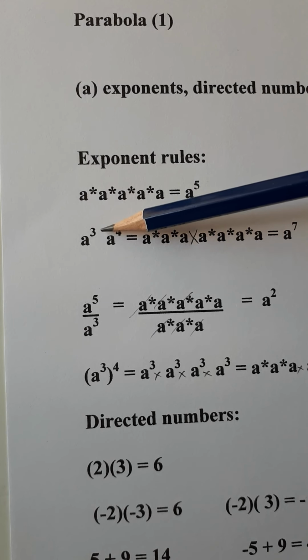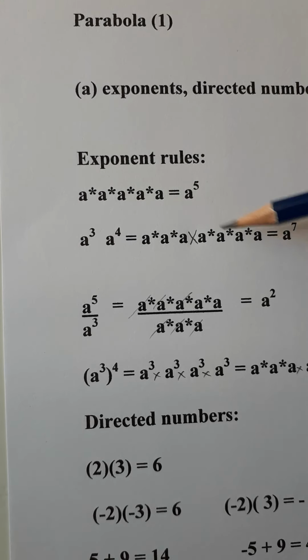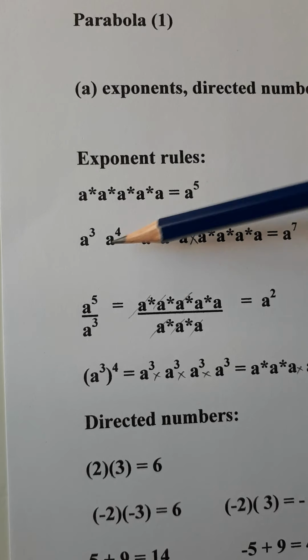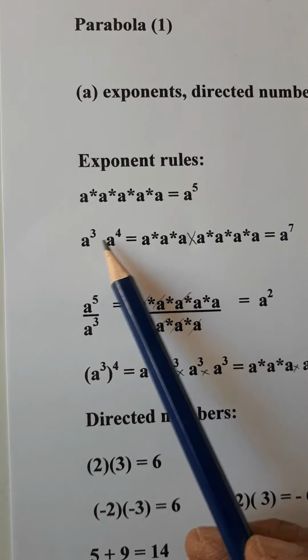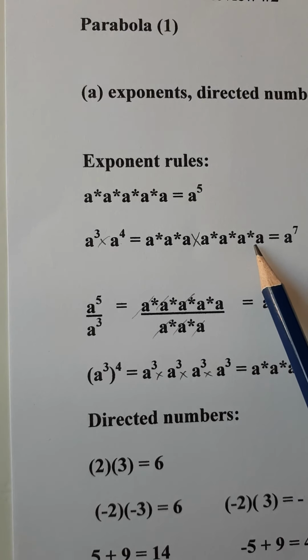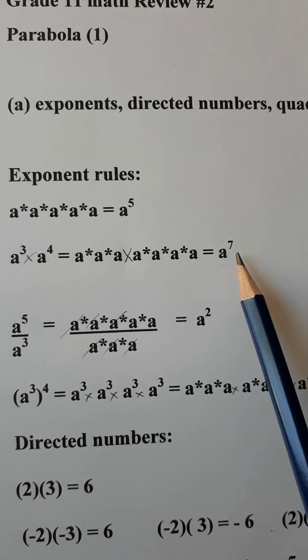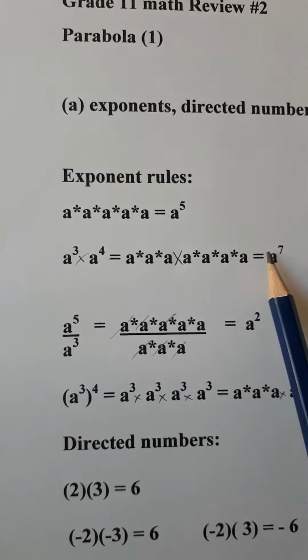You have to simply add the two indices. The answer is a to the power 7. How does it happen? a to the power 3 means 3 a's multiplied by a to the power 4, another 4 a's. So how many a's do we have now? 7 a's. So you simply add the two indices.